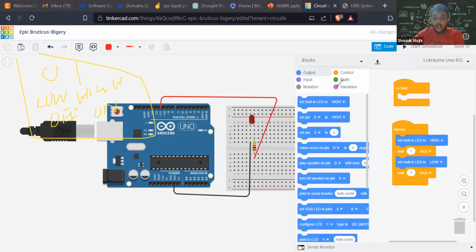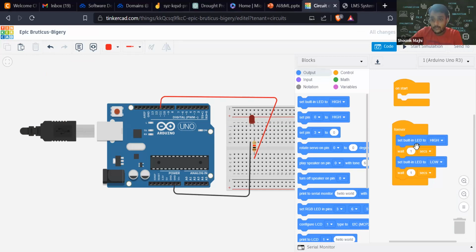For example, if you're telling the Arduino to set the built-in LED, let us take the set pin block, and let us try with the built-in LED.